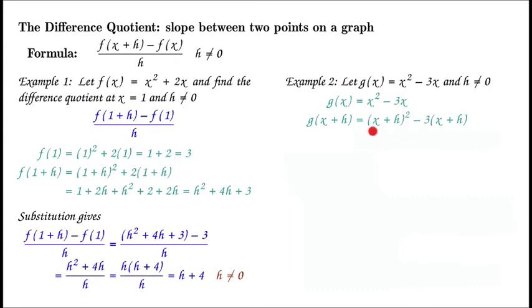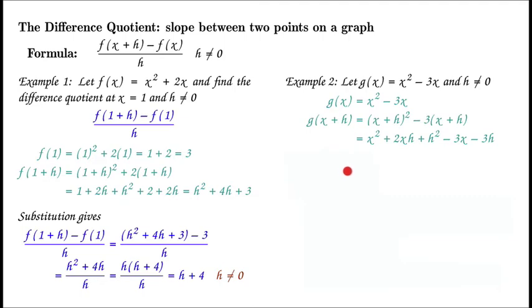So again, I'm going to expand my squared piece and then distribute the minus 3 into my second piece. So I get x squared plus 2xh as my mixed term plus h squared, and then I'm subtracting 3x and subtracting 3h. Now this particular polynomial cannot be simplified any further, so I will leave it as is.